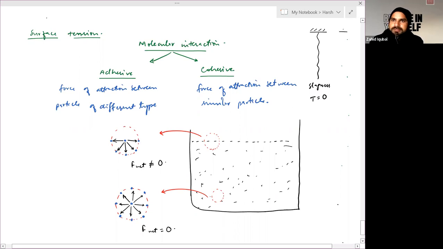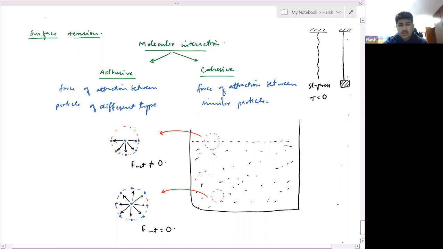What do you mean by tension? If you exert some force, or if you attach any object at its lower end, then the string may get straightened. Due to its straightness, a force will develop in it, which is called tension.